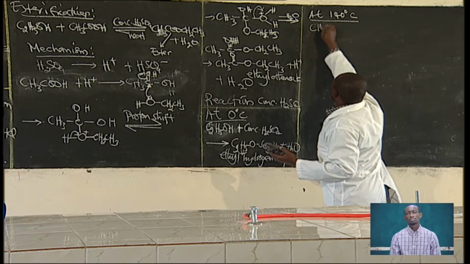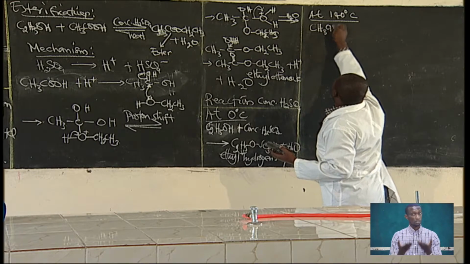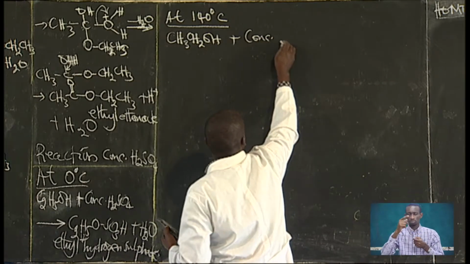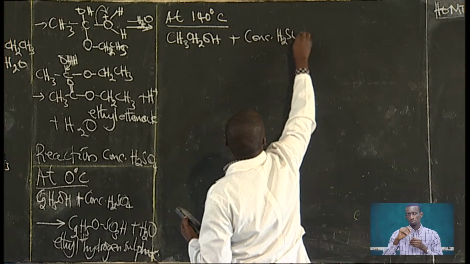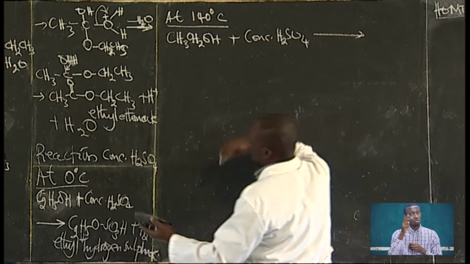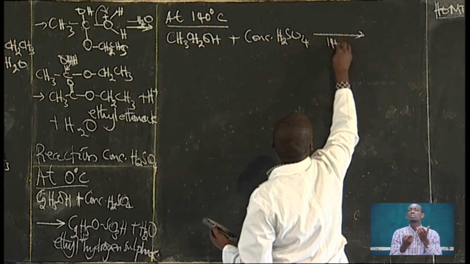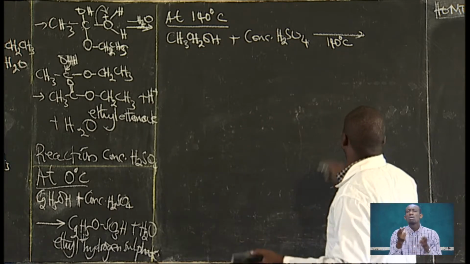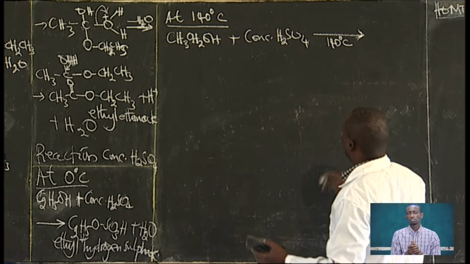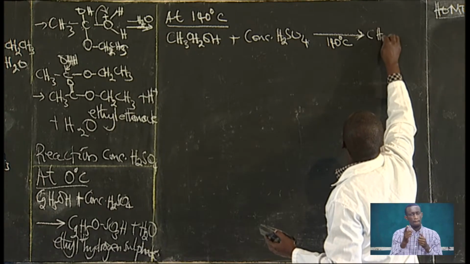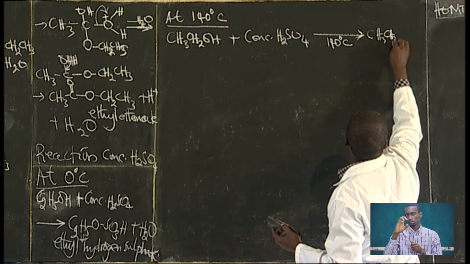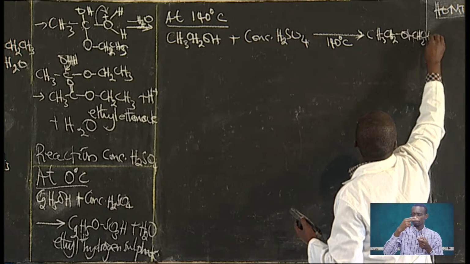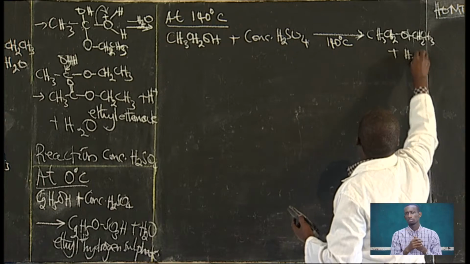So you have ethanol, CH3CH2OH, plus concentrated sulfuric acid. You remember we said the reaction takes place at 140 degrees Celsius. That is the condition for this reaction to occur. And this is the product that will be formed: CH3CH2OCH2CH3, then plus water.